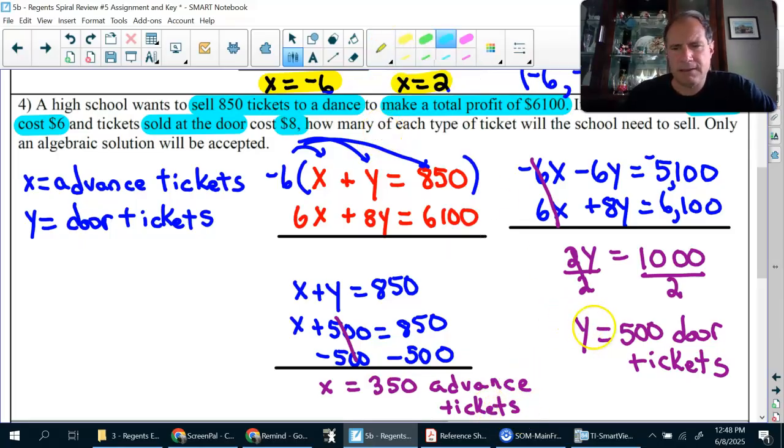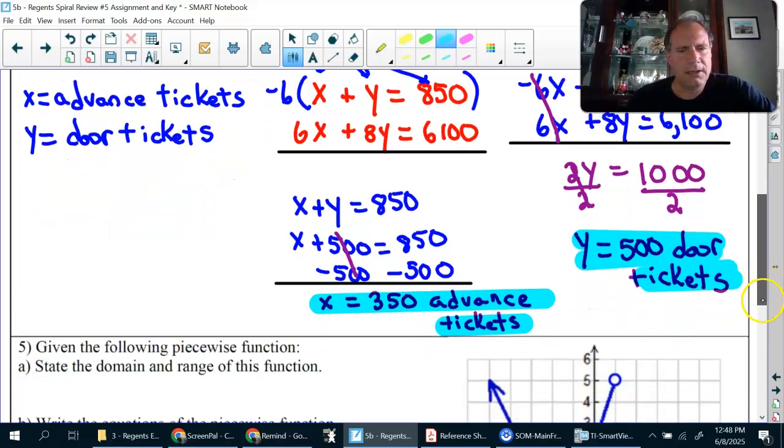And that is the end of what they want you to figure out. There's 500 door tickets, tickets sold at the door, and then 350 advance tickets. And that is it.